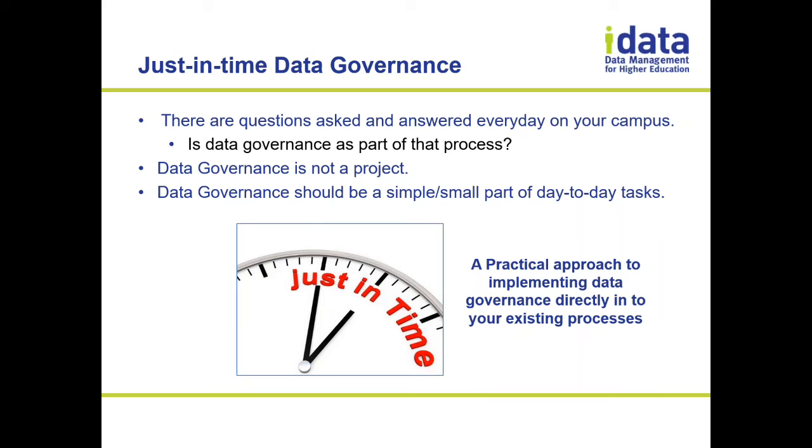It's hopefully a simple, and small, part of day-to-day tasks for people interacting with data. Just-in-time data governance is a practical approach to implementing data governance directly into your existing processes: the way people request data, review data, learn about data, ask about data, build things and document things. Governance should be a part of that process as they do it, and be facilitated within the framework.